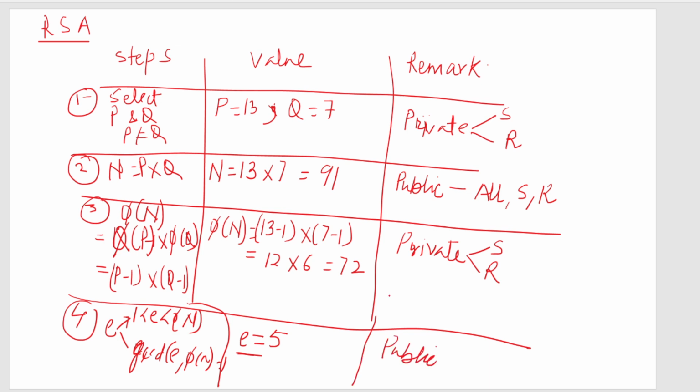Now after this, the fifth step is to calculate the value of D. The value of D is calculated as E to the power minus 1 mod phi of n. What does this value come out to be?